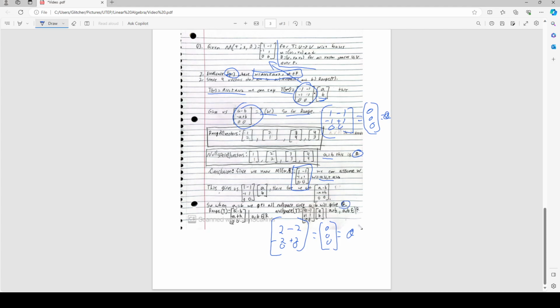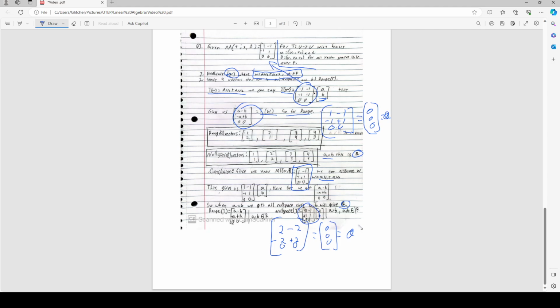And for our range, we have matrix A minus B, negative A plus B, 0, 0, where A and B are all real numbers, and our null space comes from this part.